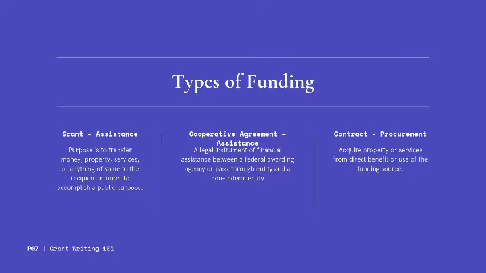A cooperative agreement is another example. It is also given out by a government agency, and it is distinguished from a grant in that it provides for substantial involvement between the federal awarding agency and the entity that is awarded.